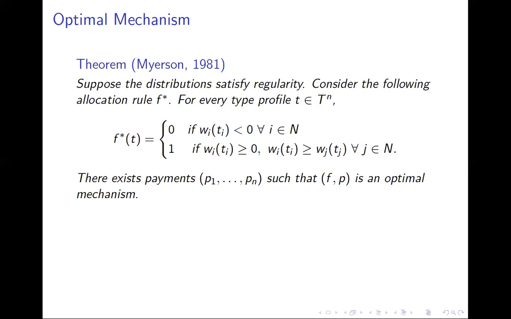So you can have the same allocation rule being implemented in different ways. Let me step back a minute. We can have two formulations of the optimal mechanism, both of them having the same interim allocation probability and interim payments, but one of them having a DSIC implementation, the other having a BIC implementation.